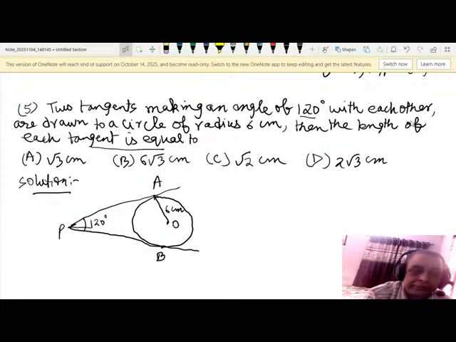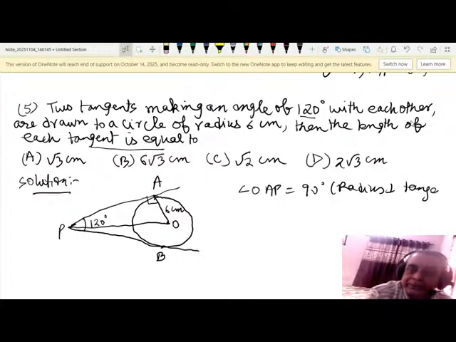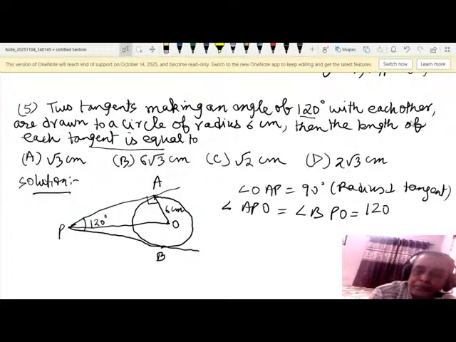Here you join P to O. So here angle OAP will be 90 degree. Reason: radius perpendicular to tangent. Okay, so here angle APO will be equal to angle BPO, both half of 120 degree, which is 60 degree each.